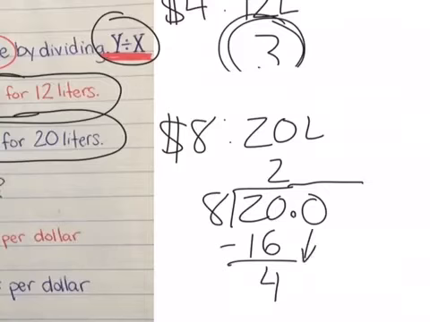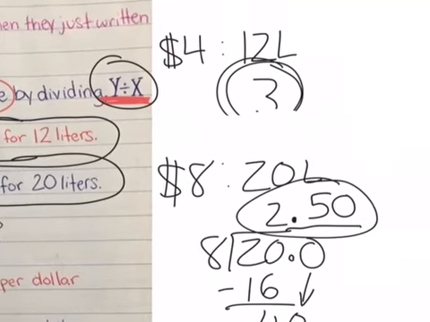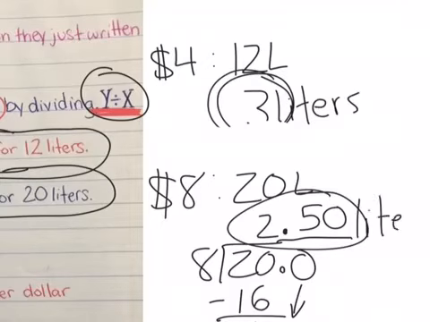So we bring down this 0, bring up our decimal there. 8 goes into 40 5 times, so that's 2.5 liters per dollar. So if you're looking at these two, this is 3 liters per dollar, and this is 2.5 liters per dollar.